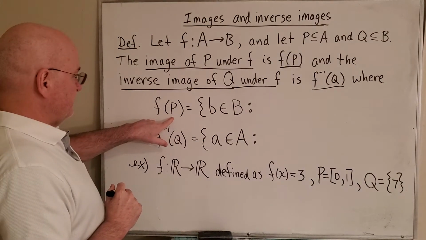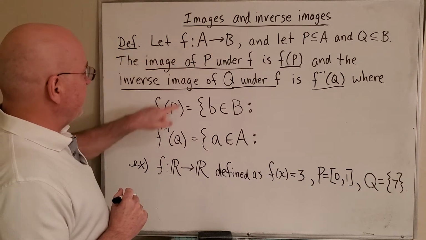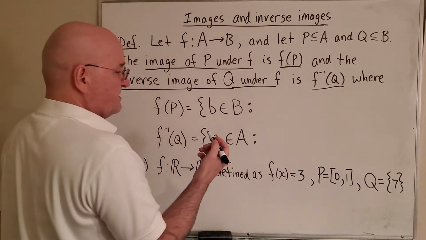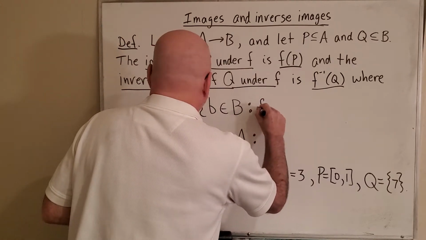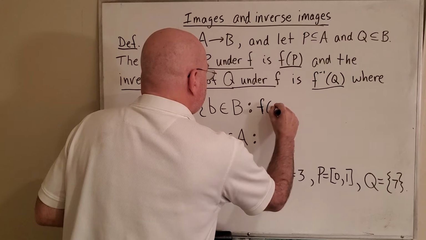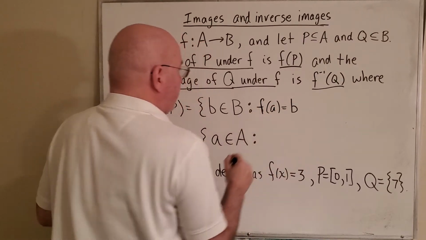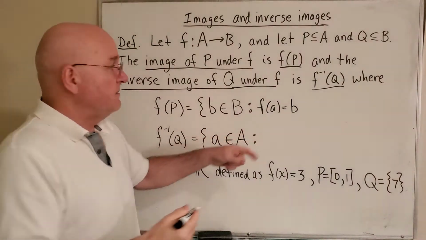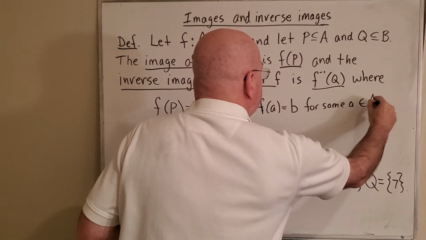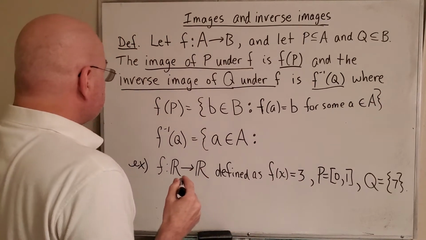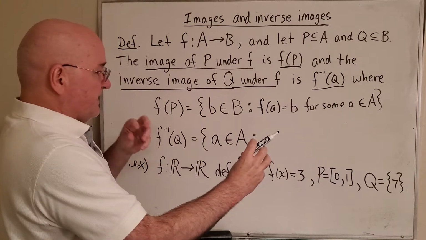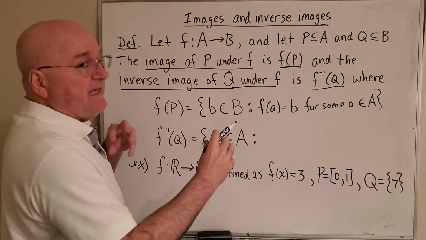We already know what this is. The image of the set P, P is a subset of A. The image is the set of all the little b's in B such that f of a equals b for some a in capital A. So f of P, so we're taking all the numbers in the codomain such that P maps to them.